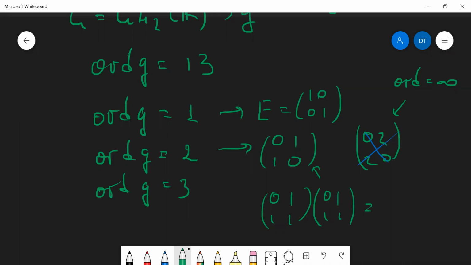The order is the minimal positive power where the matrix becomes the identity. But the identity to the power of 1 already becomes the identity, not just 3. So this is the wrong example. If you compute the third power, it doesn't work.